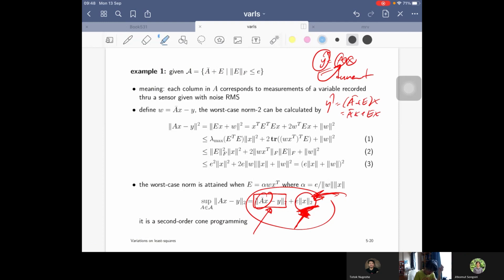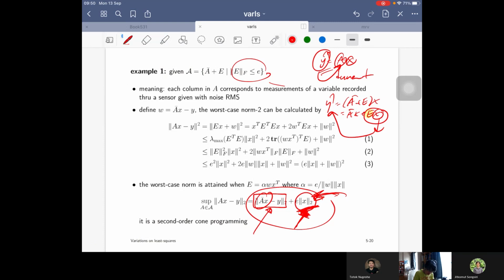Because you know that your A is uncertain because of the term E. So whenever x has a smaller norm, it reduces the effect of that uncertainty in E on your prediction, your estimate in y, right?